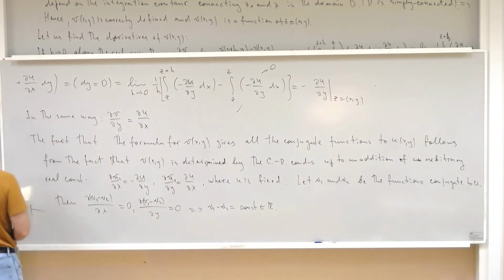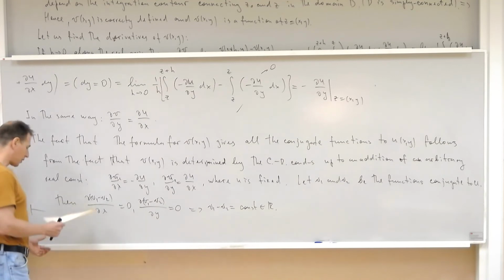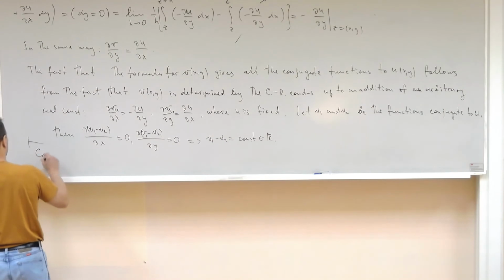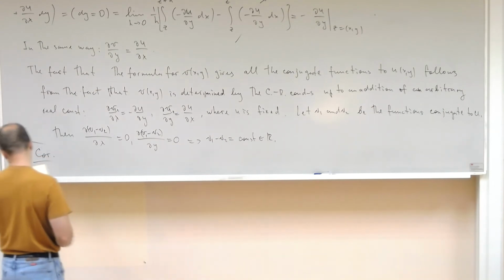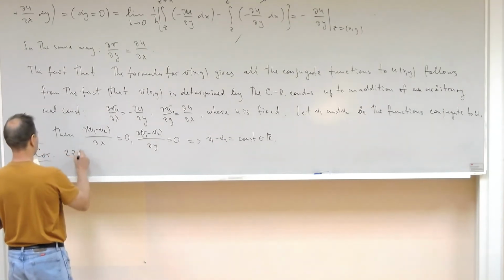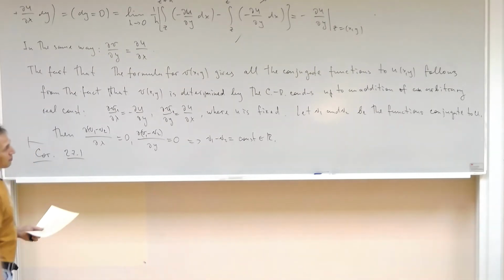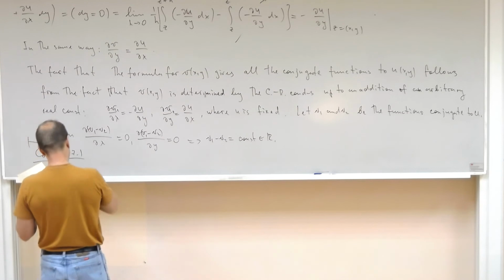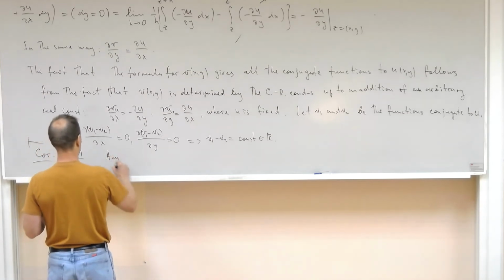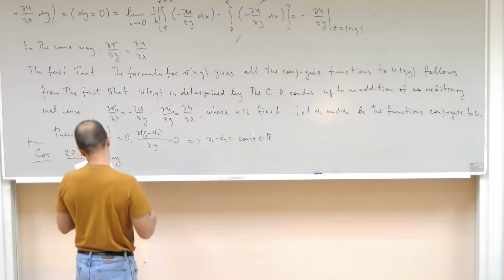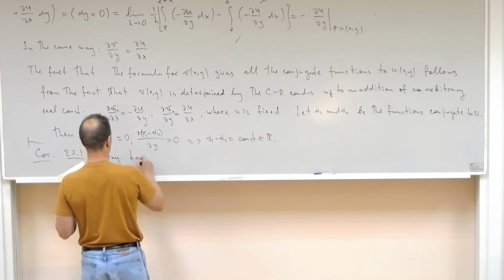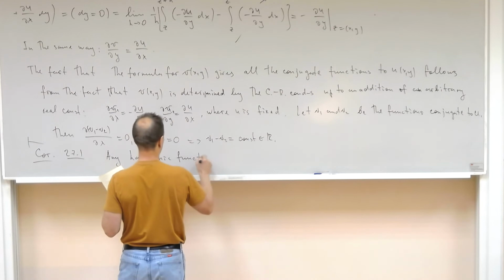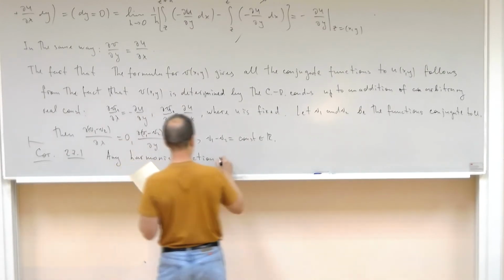So if we know some particular solution of this pair of Cauchy-Riemann equations, then the general solution is obtained just by adding an arbitrary real constant to this particular solution. Thus, the above formula gives us the general solution for all the conjugate functions for the function u. The proof is finished.